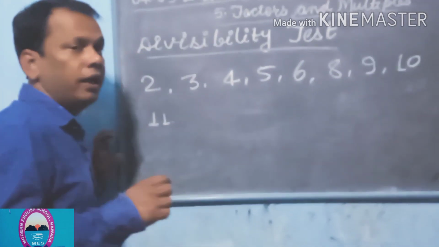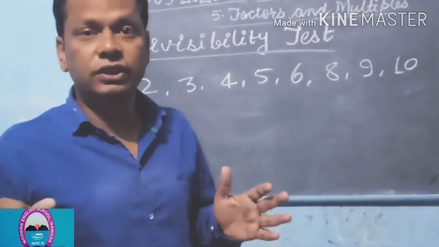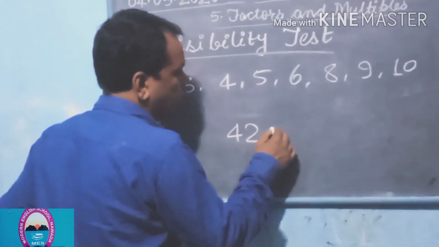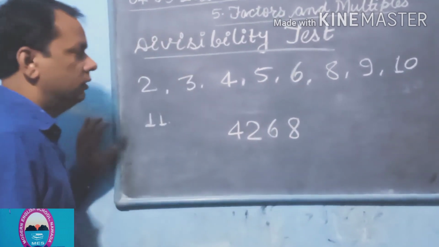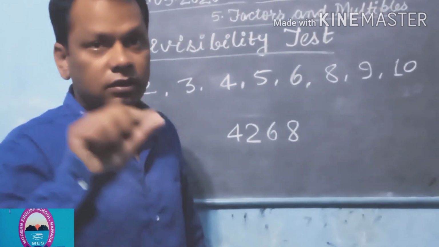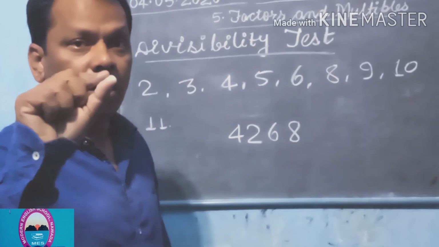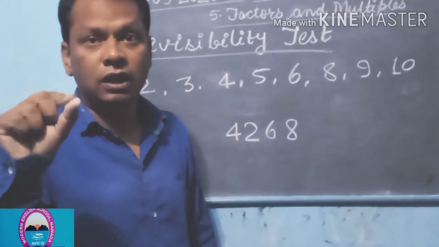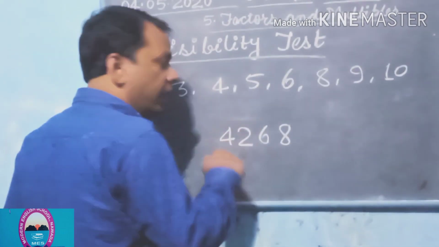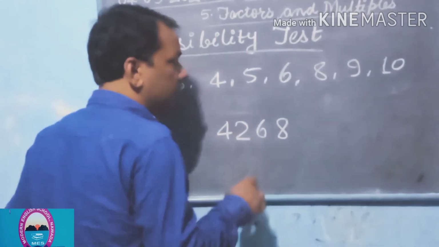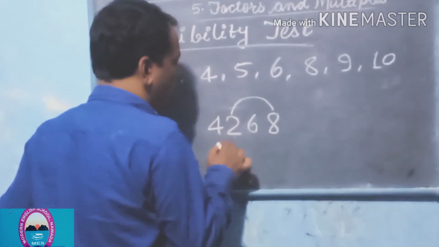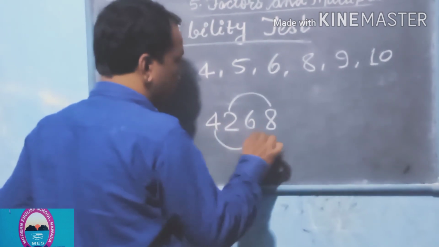For 11, students, we can understand the divisibility test by an example. Take the difference of the sum of the even place digits and the sum of the odd place digits. Here the even place digits are 2 and 8, and the odd place digits are 4 and 6.